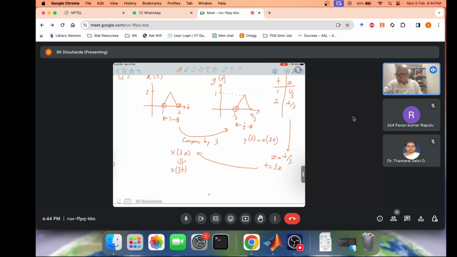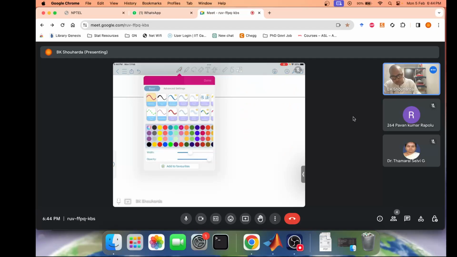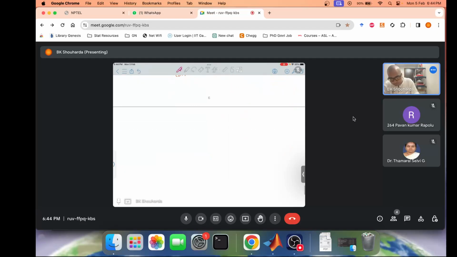So I hope you have understood how this is taking place. Now let's move to another question. You are given the signal x of t that starts from 1, becomes 2, and then ends at 3.